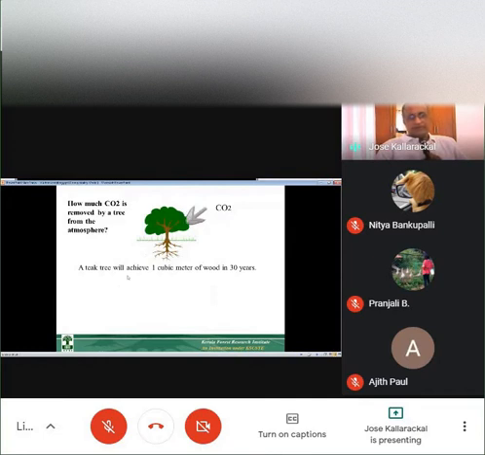A teak tree, as Indians we all know, it's a very common tree all around India, will achieve 1 cubic meter of wood in 30 years. If you plant a teak tree, we assume, or by some research work, it has been shown that it will achieve 1 cubic meter of wood in 30 years.